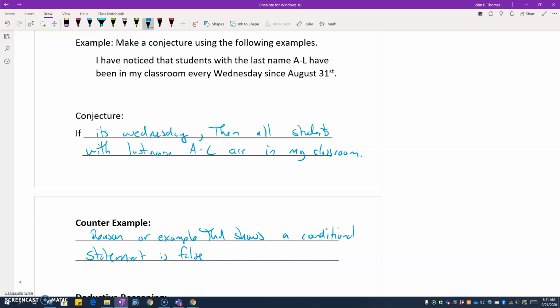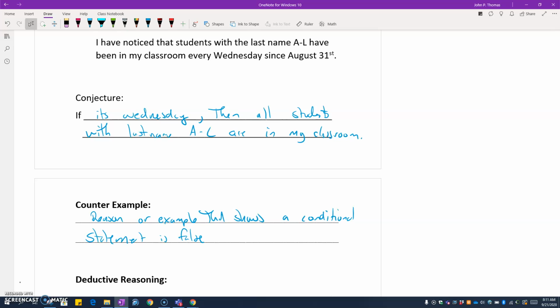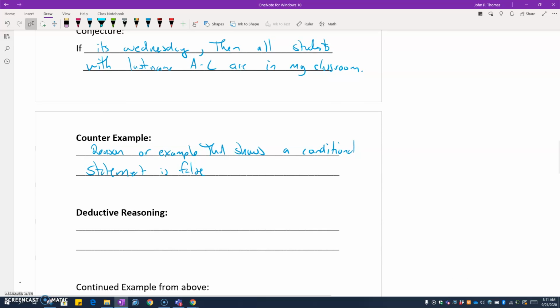For this particular example, a counterexample might be a student whose last name is A through L, but isn't enrolled in my class at all. Or another example could be a student that happens to be sick on a given Wednesday. So it may be Wednesday, their last name may begin with an A, but they're not in my classroom because they're sick that day. That's the downfall of inductive reasoning, that our predictions aren't always right. We haven't proved with certainty that that has to be the case. We've come up with a good argument, but it's not a certain argument.